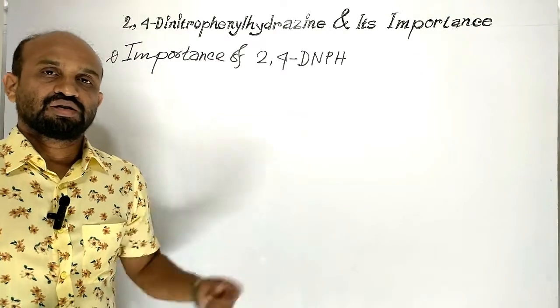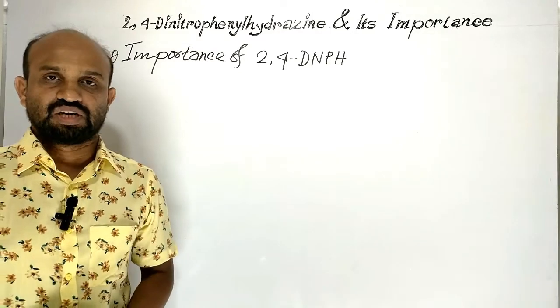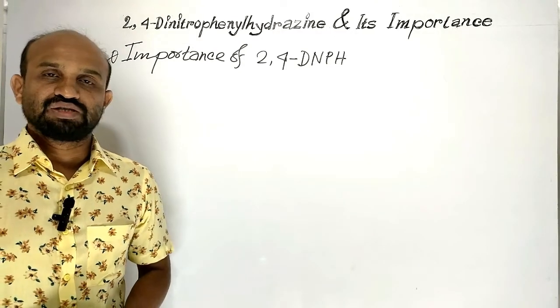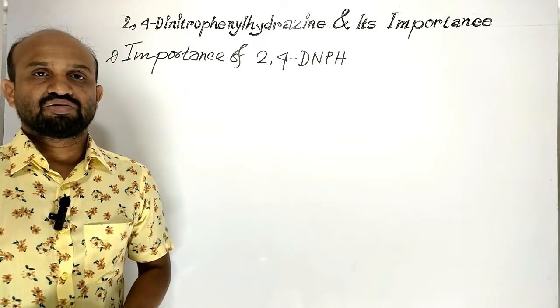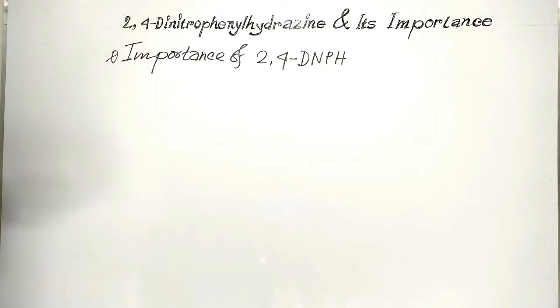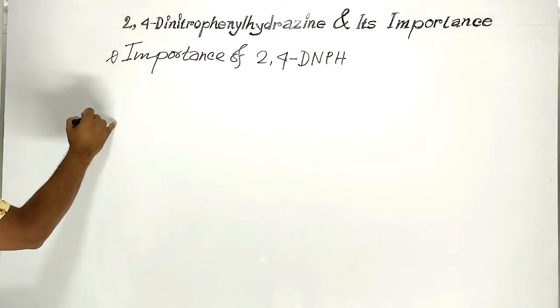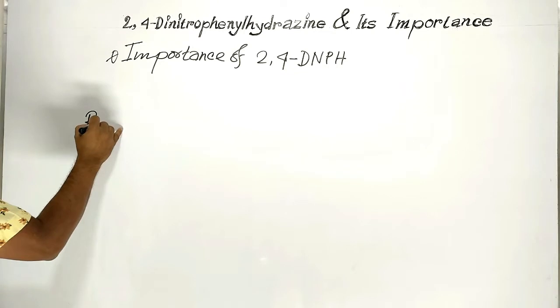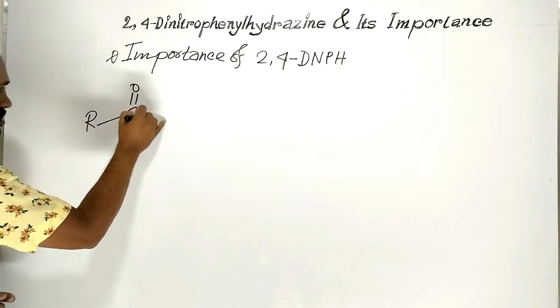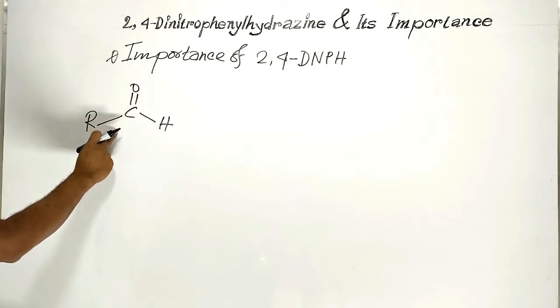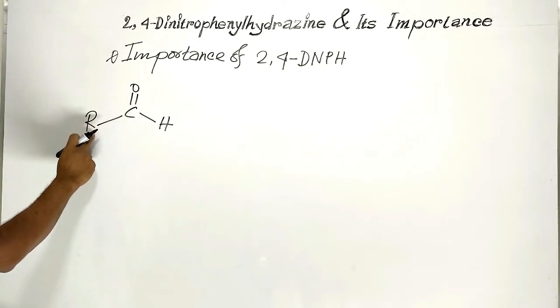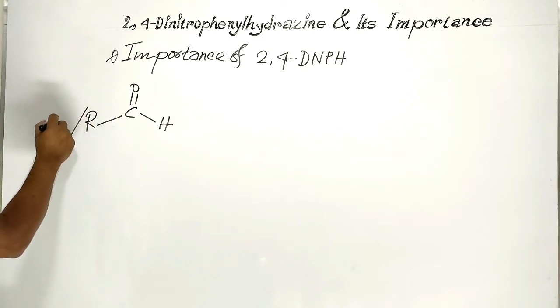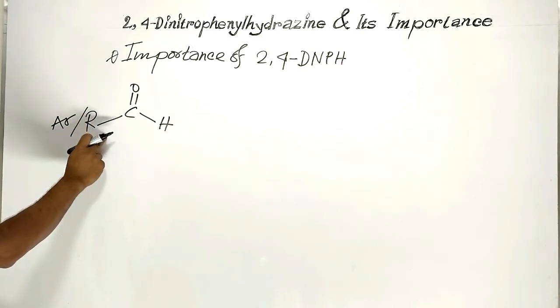Now the point is importance of 2,4-DNPH. This compound is used to detect carbonyl compounds. Let's see what compounds are carbonyl compounds. General formula of carbonyl compounds is RCHO. This is general formula of aldehyde. Here this may be alkyl group or aryl group. Then this is aldehyde.